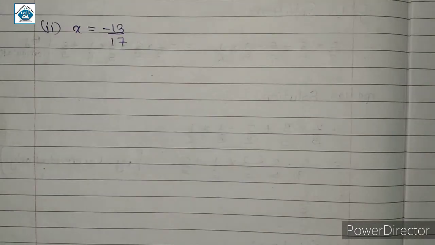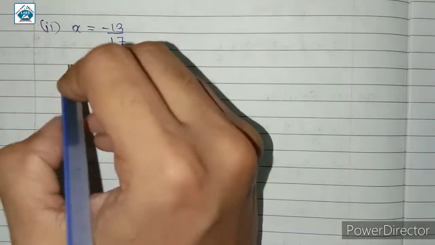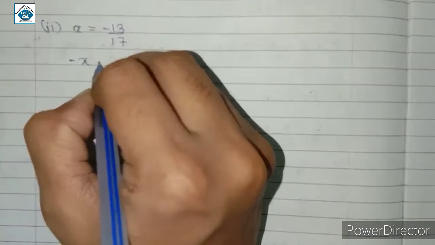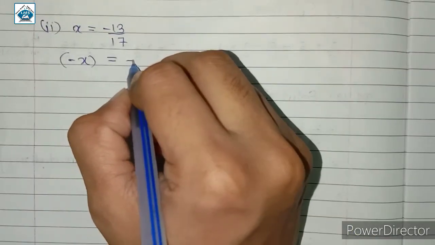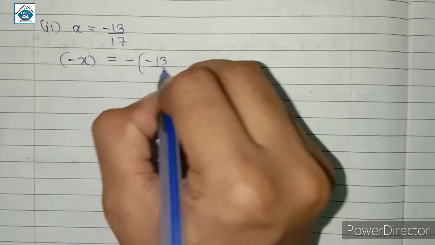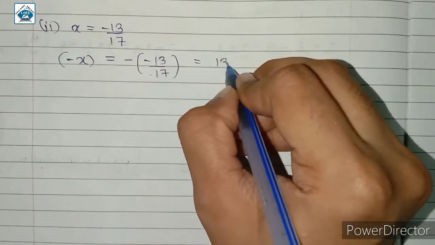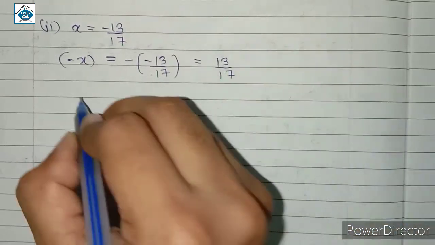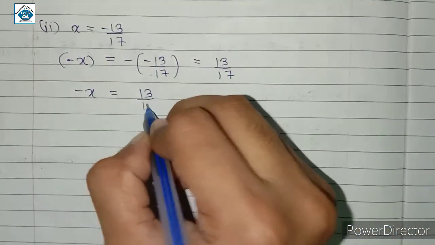In the next part, we are given x is equal to minus 13 upon 17. So minus x will be equal to minus of minus 13 upon 17. Now this is the same as 13 upon 17. So we have minus x is equal to 13 upon 17.